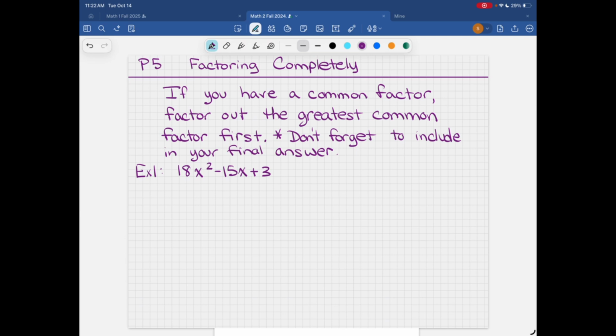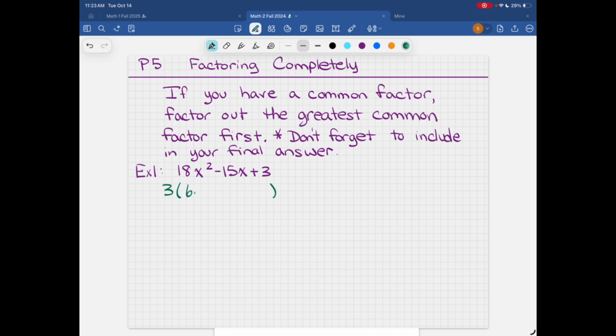When you are looking at these three terms, they have a common factor of 3. So you are going to rewrite this with a 3 on the outside. That's factoring out. And now you are going to write the trinomial. 3 times what number is 18?